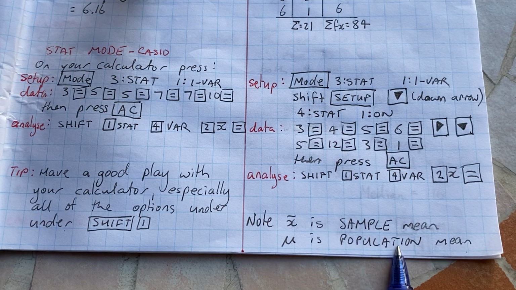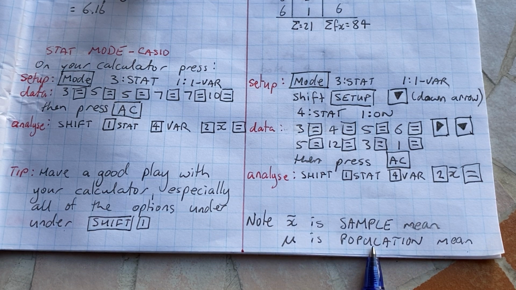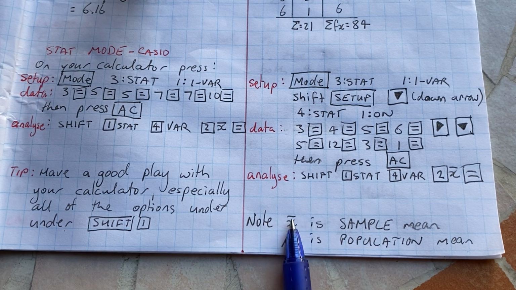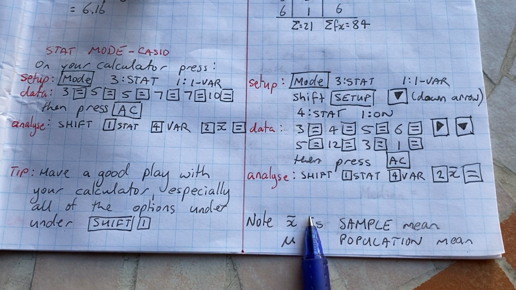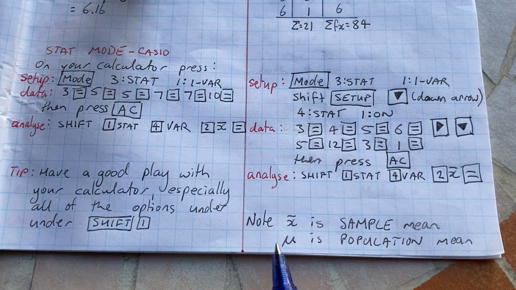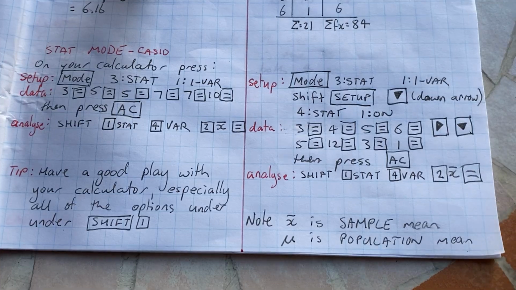When I say population there, that's not necessarily the population of the country, it's the population of our target audience, basically. So if we want to know something about, for example, the average age of students at school, we could survey 5 students in each year group, or 5% of each year group, and use that as the sample mean, or we could survey every single person in the school and do the population mean.